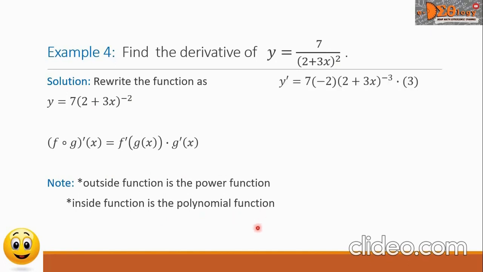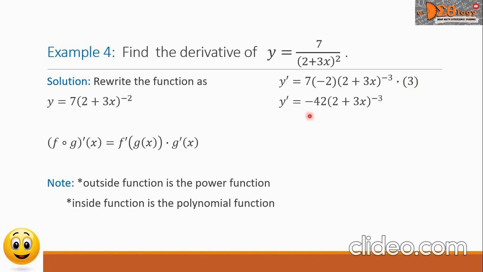Now, for the derivative, we will write like this. This big expression here corresponds to the f prime, while these 3 correspond to the derivative of the inner function, the g prime. Then let us simplify by multiplying the constants.